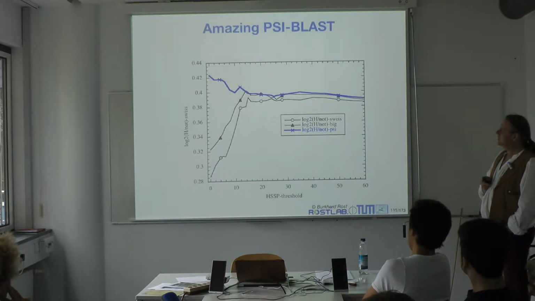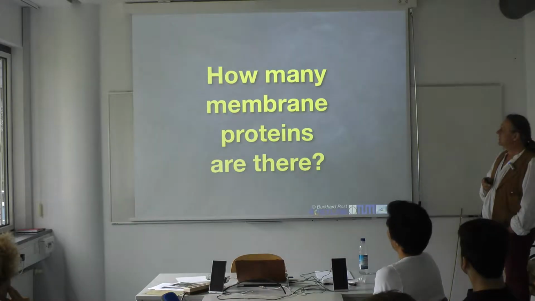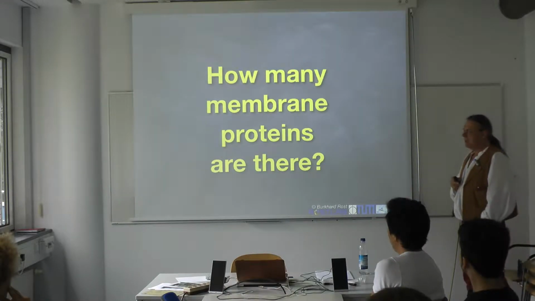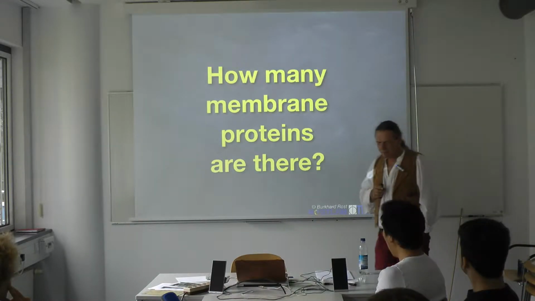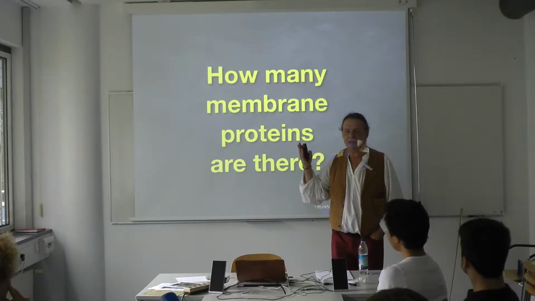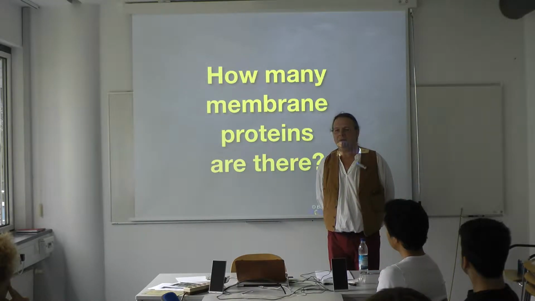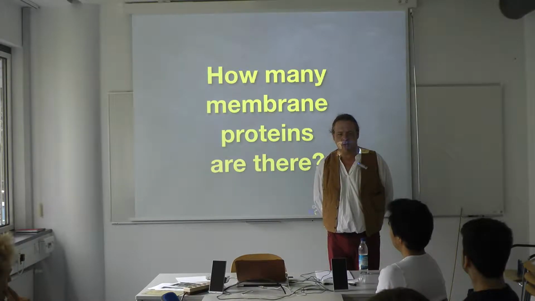This is another issue that has to do with evolutionary conservation. Say, do you know the answer to that question for human? How many membrane proteins are there? A quarter. And you know that because a quarter is a good number, or because somebody has told you?